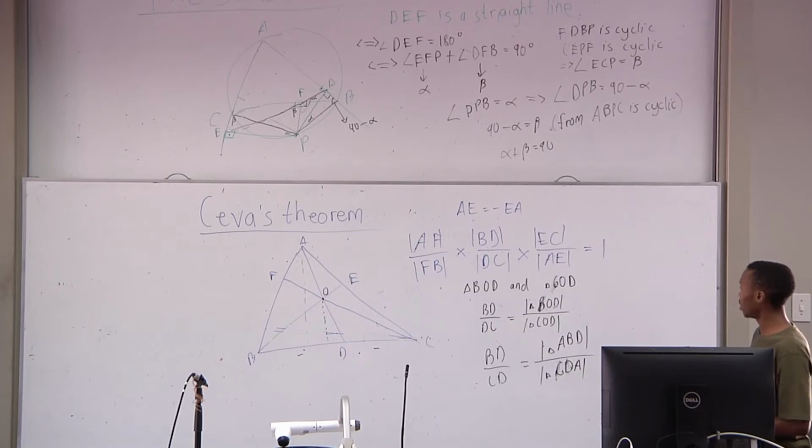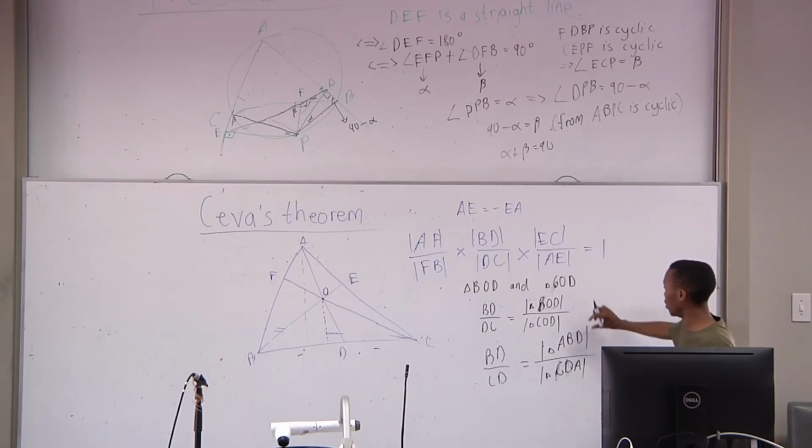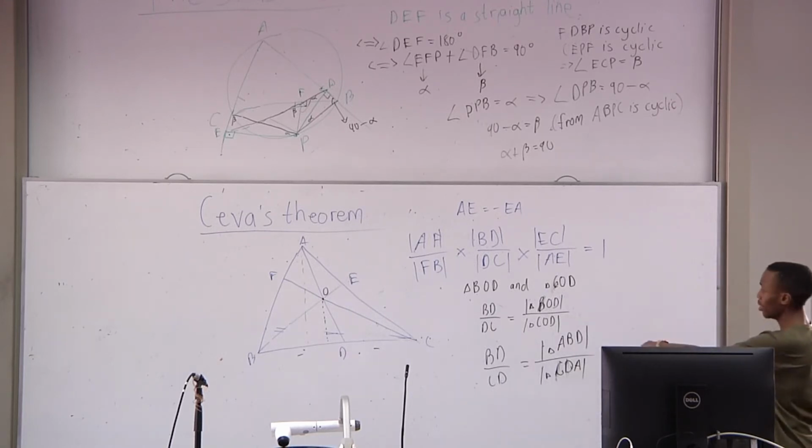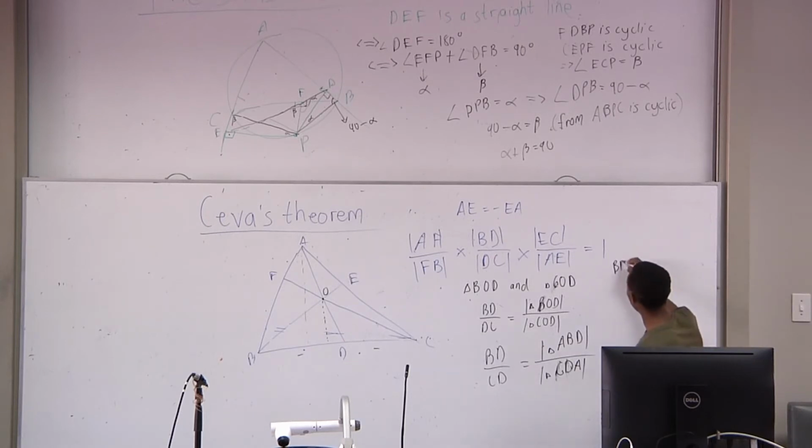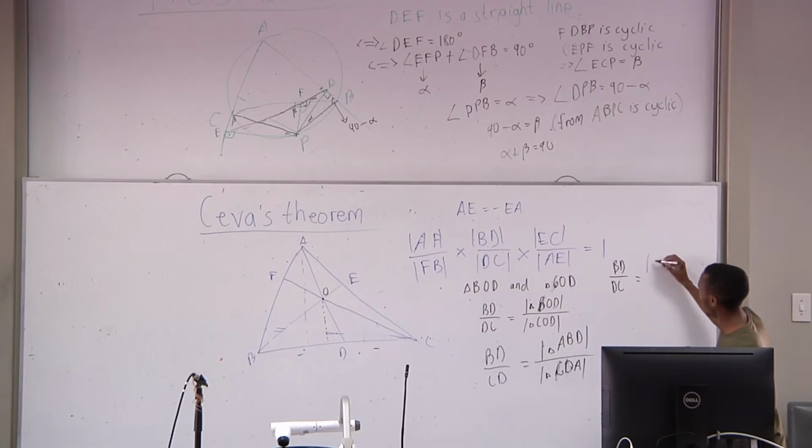Now there's a bit of algebra that we're going to use here. We claim that BD over DC is equal to the area of triangle ABD minus the area of BOD, divided by the area of CDA minus the area of COD. I swapped these around because the other one is bigger.